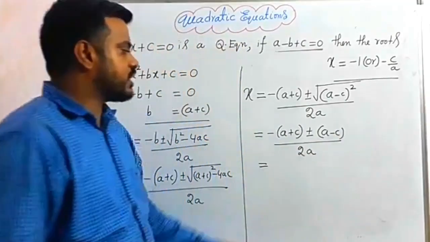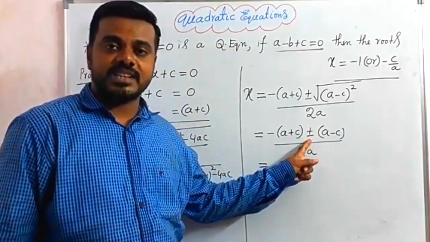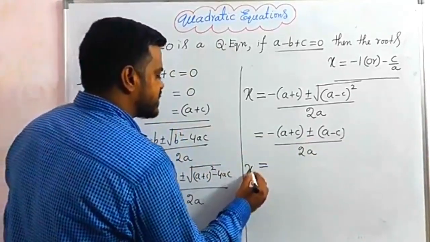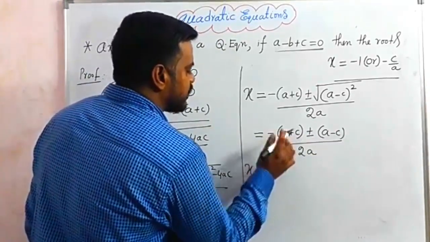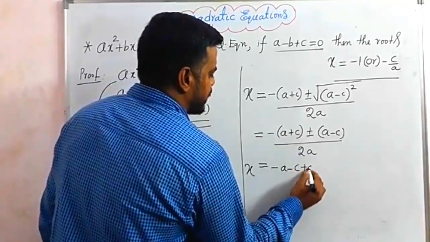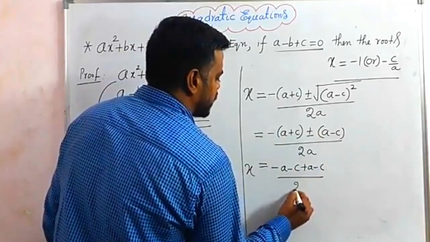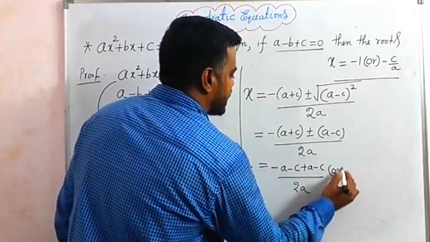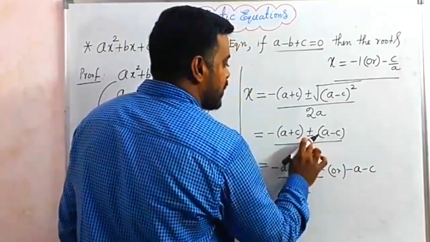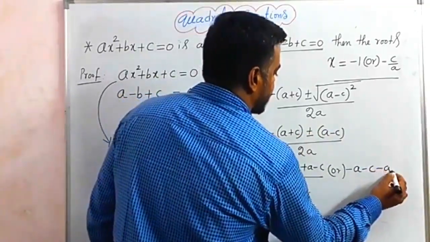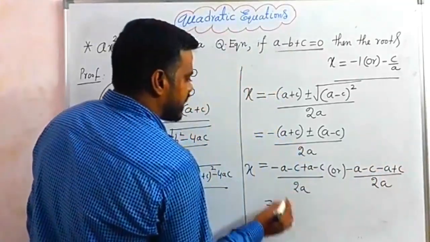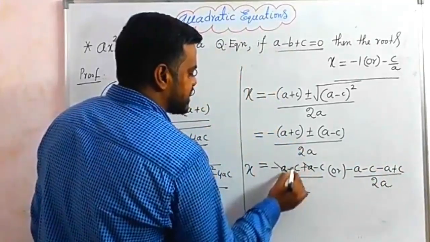Here also the roots are with one plus and the other with minus. Then you write x is equal to minus of a plus c, that is minus a minus c plus a minus c by 2a, or the other one is minus of a plus c minus a minus c, that is minus a minus c minus a plus c by 2a. Here the minus a plus a gets cancelled.